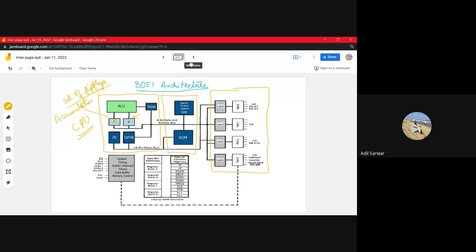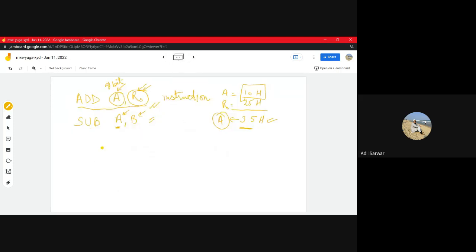And B. I told you about multiplication, MUL AB, and DIV AB. So MUL and DIV are also instructions, and by the name itself you can make out that MUL will do multiplication and DIV will do division. MUL AB basically multiplies the content of A and B, and as I told you, in MUL and DIV operations B is always involved.